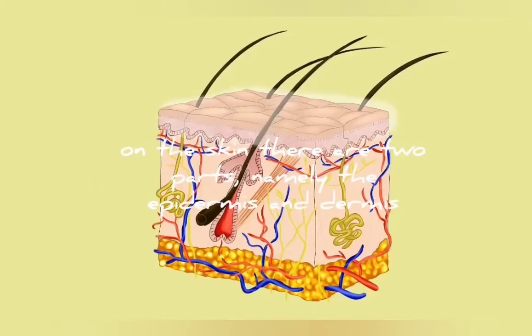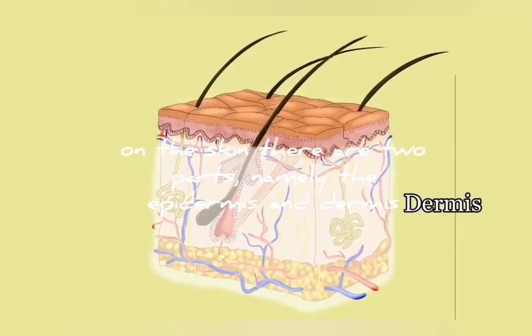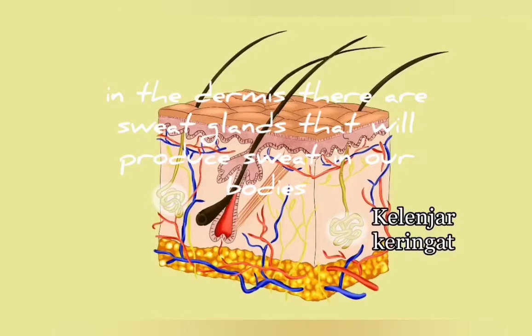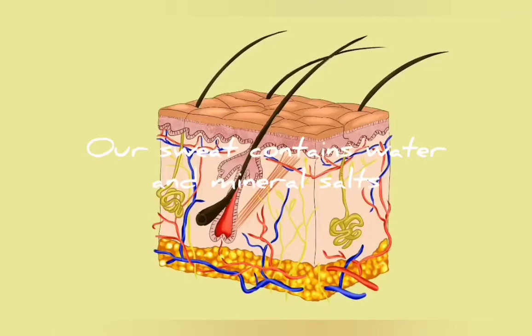The skin has two parts, namely the epidermis and dermis. In the dermis there are sweat glands that produce sweat in our bodies.